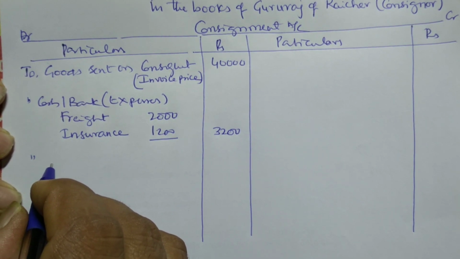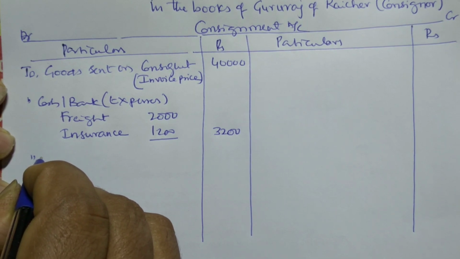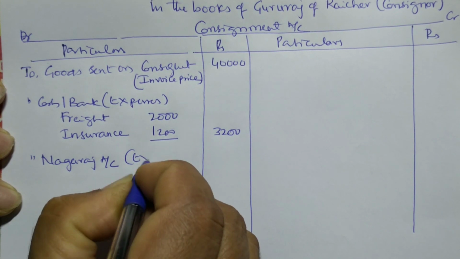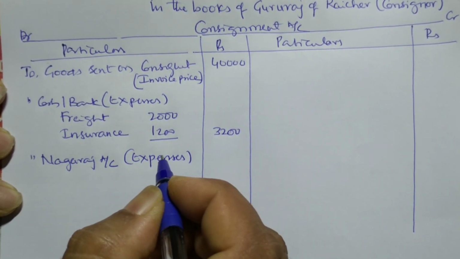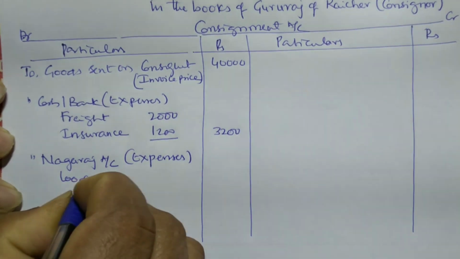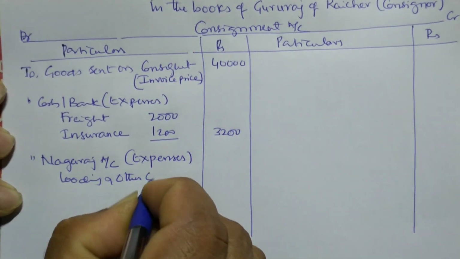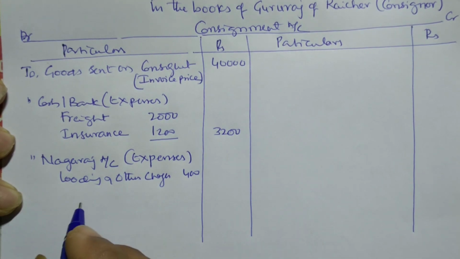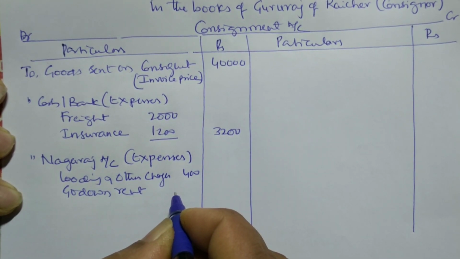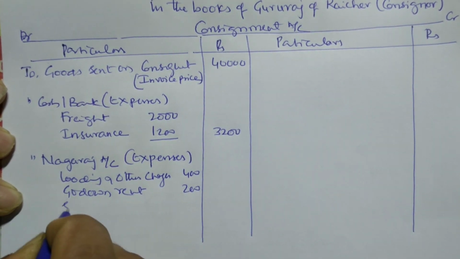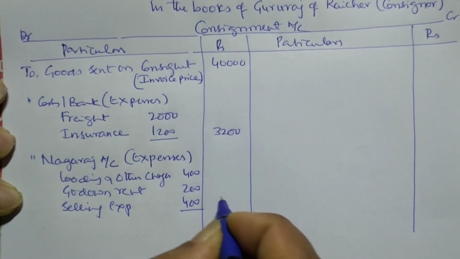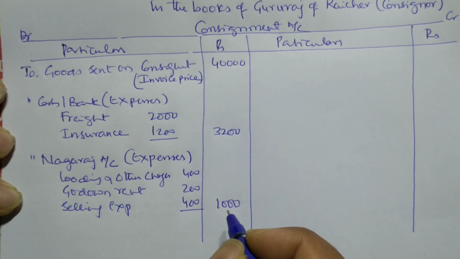After receiving these items, the consignee, Nagaraj, has incurred expenses such as loading and other charges 400, godown rent rupees 200, and selling expenses rupees 400. Total 1,000 rupees he has incurred.